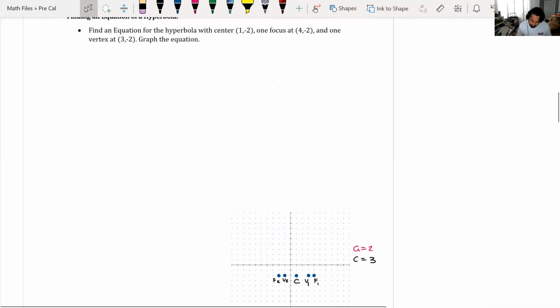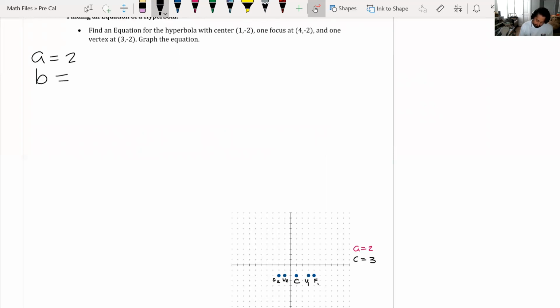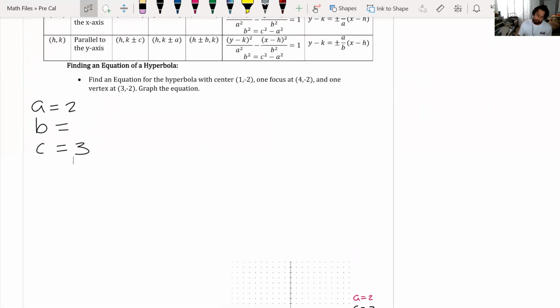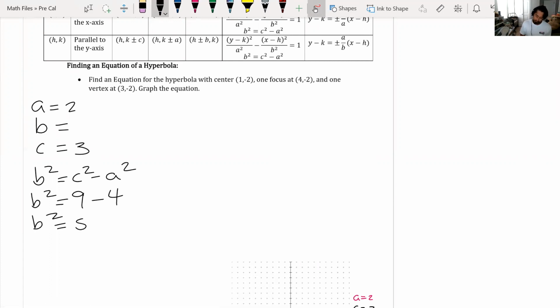All right. So I'll come up here. A is 2, B we don't know, C is 3, and using the Pythagorean theorem above, we can say that B squared is equal to C squared minus A squared, which would give me B squared equal to 9 minus 4. B squared would be 5.